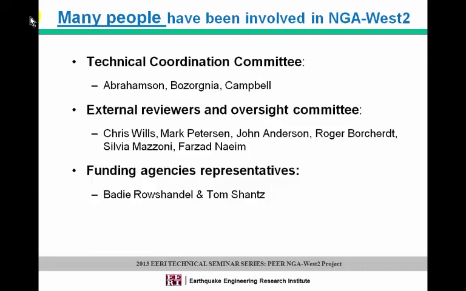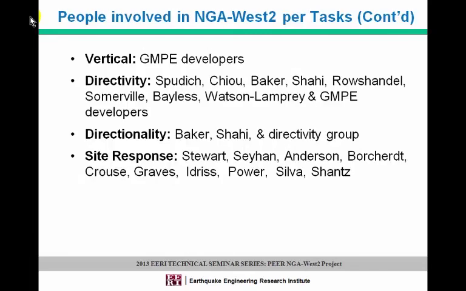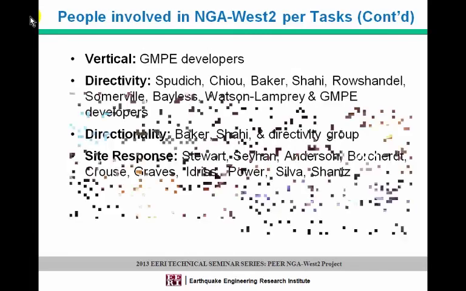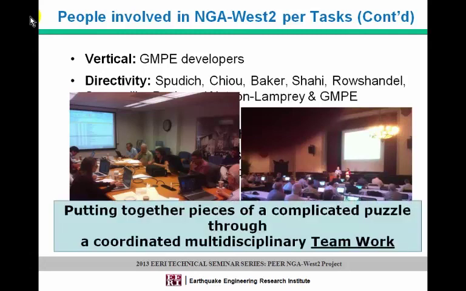It's a community project, with many people involved at various working groups: database, GMPE developers, vertical, horizontal, directivity. There were many technical and challenging meetings. It was really like solving a large puzzle through coordination, technical work, and teamwork.